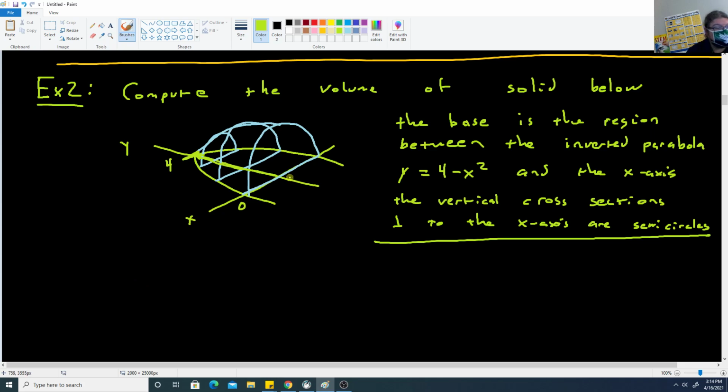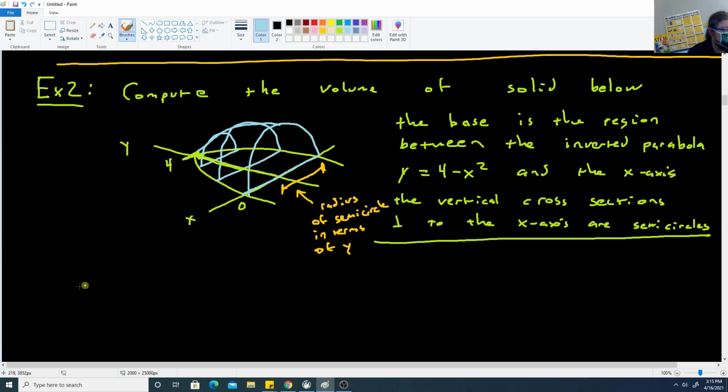Our goal here initially is to figure out what the radius is. We're going to need the radius of the semicircle in terms of y, because we know the area of a semicircle.